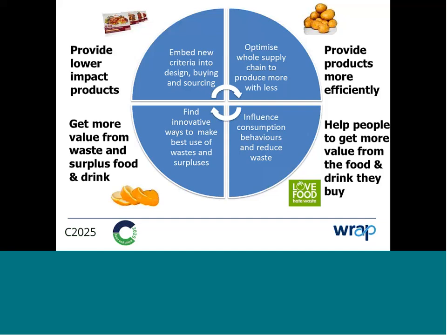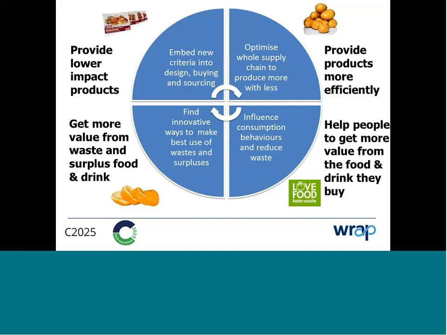So the agreement will be centred around 4 themes. Starting at the top left of the slide, it will be about providing lower impact products, so embedding new criteria into design, buying and sourcing. And then providing products more efficiently, so about optimising the whole supply chain and producing more with less.